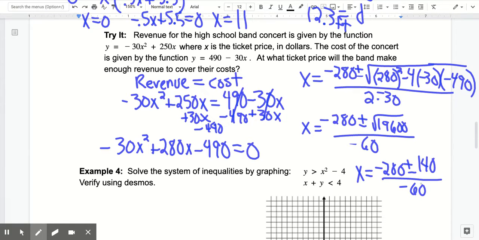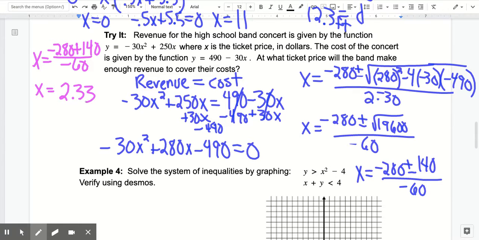Now, that's two different answers. I'm going to come over here because I'm really short on space on that side. We're going to find those two answers. So the first one is x equals negative 280 plus 140 over negative 60. Let's see what that is. Negative 280 plus 140 divided by negative 60 is 2.33.